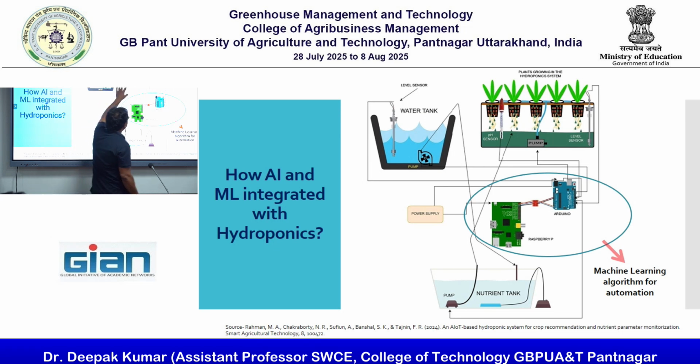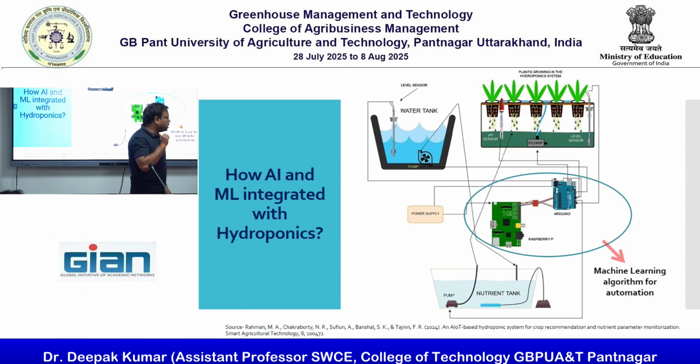Certainly, we will have some more in the figure. It is not shown, but there is some mechanism for the lighting also, so that light intensity can change. In this picture, we can see that there is a pH sensor, a water control system here, and a level sensor, which shows what the level of water should be.